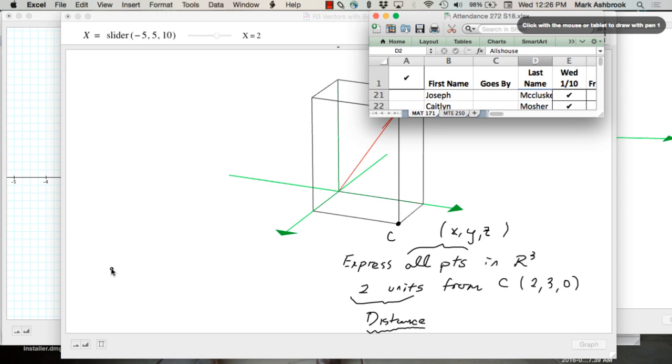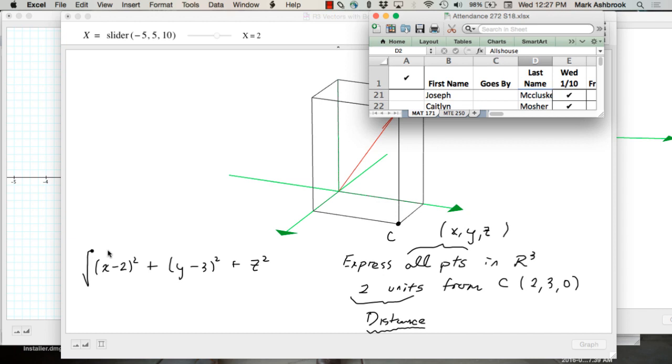Yeah, but you don't have to reinvent the wheel, right? We're doing distance. So how do we find distance between 2 points? Griffin. I'm just gonna give it a shot. Okay. Is it square root of x minus 2 squared plus y minus 3 squared plus z squared, equals distance?